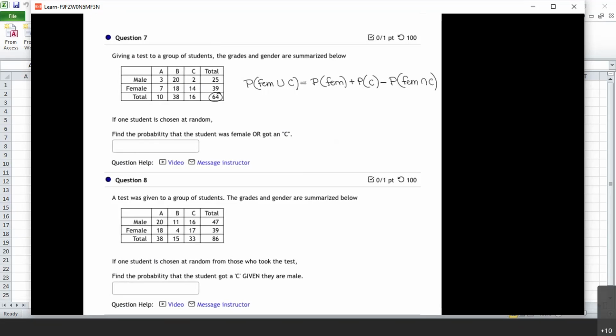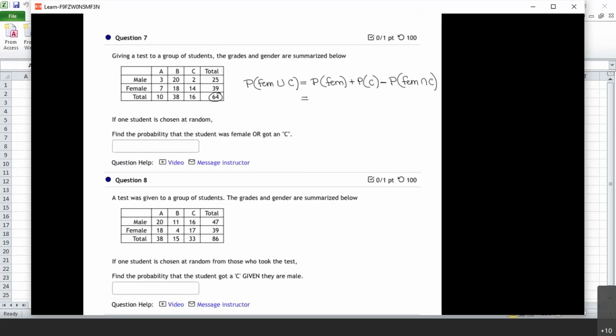You have to remember the formula for the probability of a union: the probability of each alternative minus the probability that both happened, because you've counted this overlap in each one of these. That's why you have to subtract it.